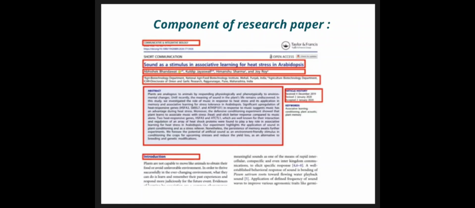Affiliation tells where the author belongs during the research. Abstract or summary provides a brief overview of the complete paper including motive and key research outcomes. The next comes the introduction.